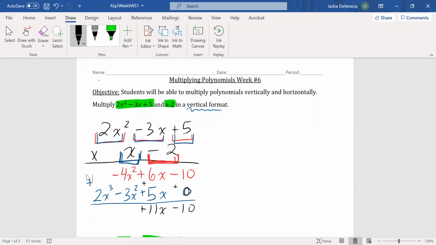And over here we have a -4x squared plus a -3x squared. That's going to give you a -7x squared. And then over here, there's nothing on top, so it's going to be 0 plus 2x cubed, which is just going to give you 2x cubed. And this will be the answer to my problem.